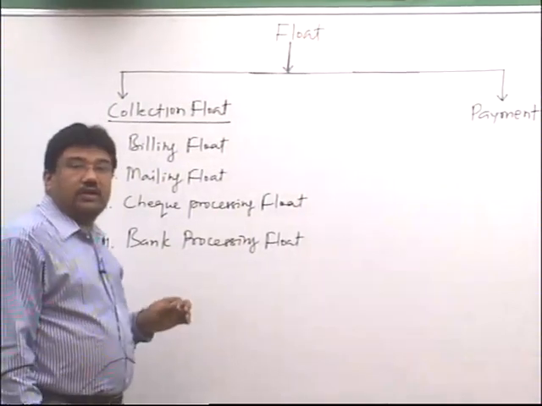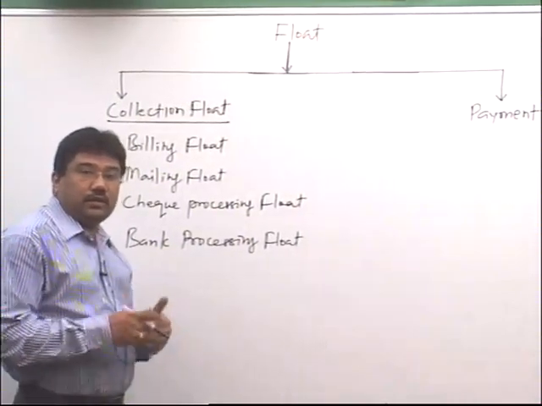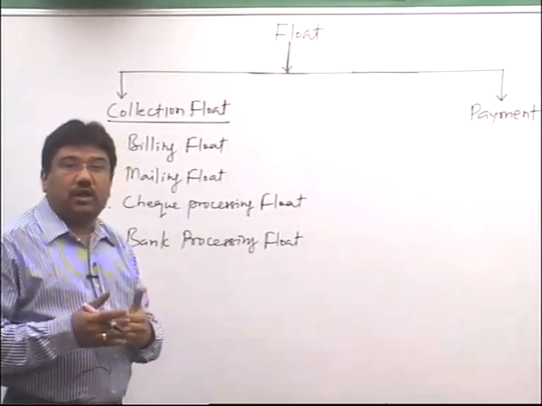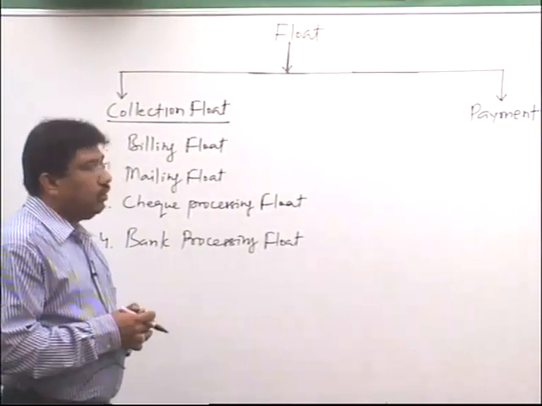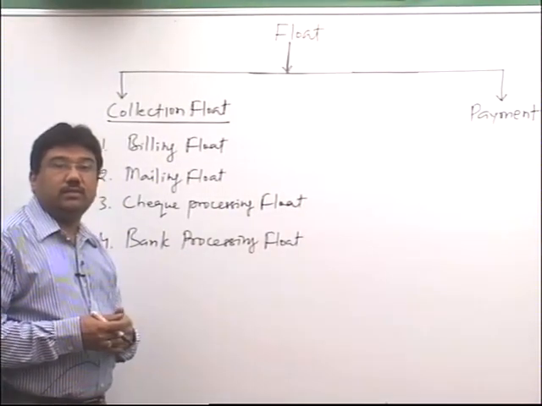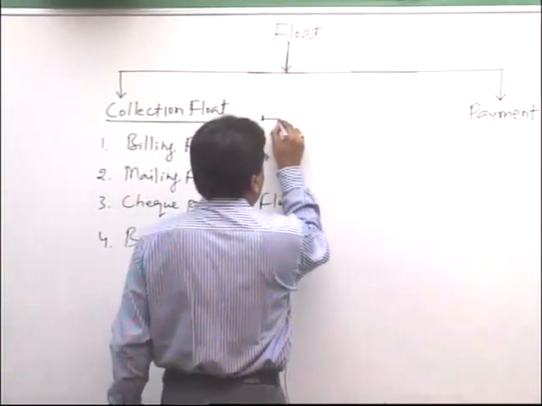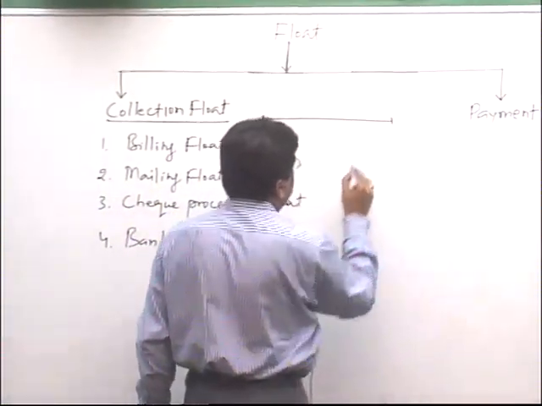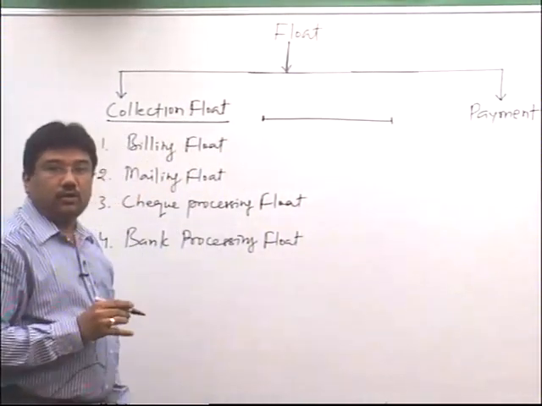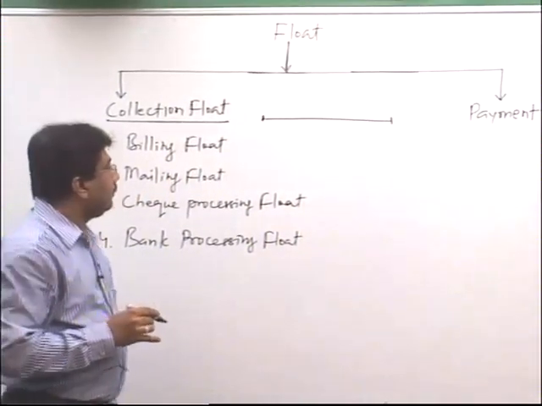Collection float is the time gap between the day of actual sale of goods and the day on which you actually receive the money. Suppose you are selling the goods today, then due to some reason it may not be possible to get the money today only.